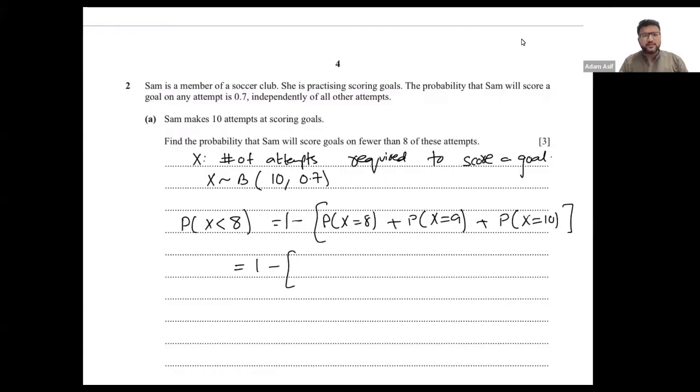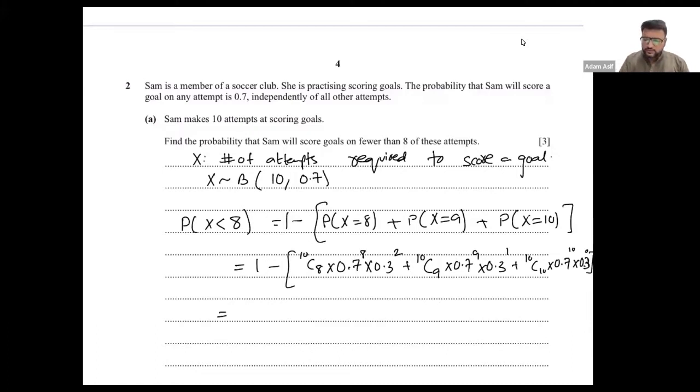Now, probability that X is 8, that's going to be 10C8 times 0.7 to the power of 8, 0.3 to the power of 2. Plus 10C9, 0.7 to the power of 9, 0.3 to the power of 1. Plus 10C10 times 0.7 to the power of 10 times 0.3 to the power of 0.